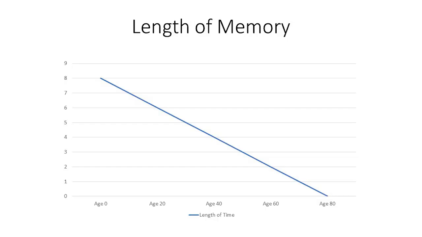This is really easy to plot on a graph. What you see here is the simplest of graphs. Along the horizontal x-axis, you see ages from 0 to 80. Obviously, the longest memories are the ones you had when you were the youngest.